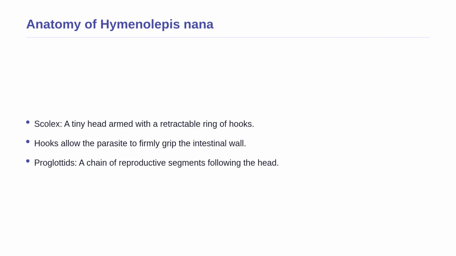This scolex is armed with a retractable ring of hooks, which act like microscopic grappling hooks to firmly grip the intestinal wall so it is not washed away. Following this head is a long chain of segments called proglottids. These are essentially reproductive factories, packed with eggs, which break off and release their contents to continue the parasite's lineage.